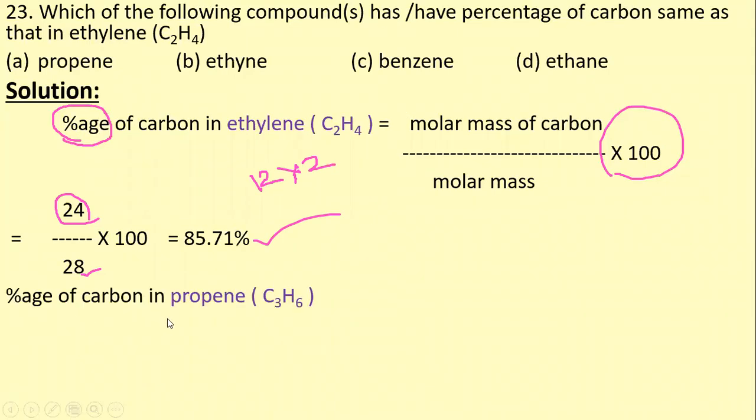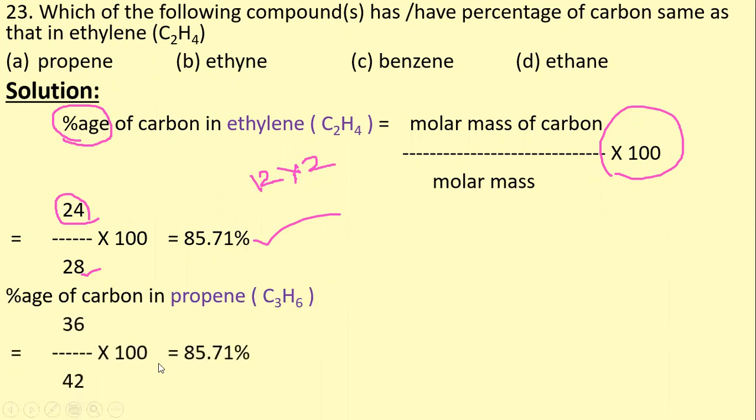Next we'll check for propene also. We are checking with each and every option. When we check with propene, we have to do the same step. Here 3 carbon, so 12 into 3, and then hydrogen. Adding the carbon and hydrogen molar mass, we get the molar mass of propene.